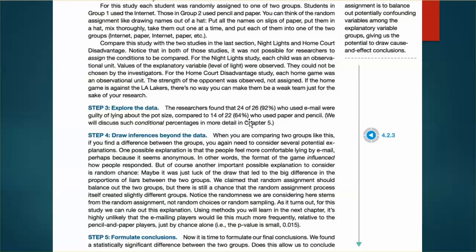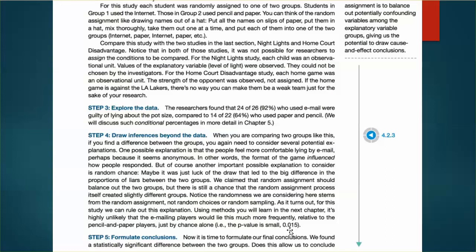Now, in Chapter 5, we'll actually learn how to quantify and construct a p-value about how different these two numbers are. But just based on looking at them, it seems like those numbers are pretty different. And so we should be able to infer that, because if you actually do this, you get a small p-value.